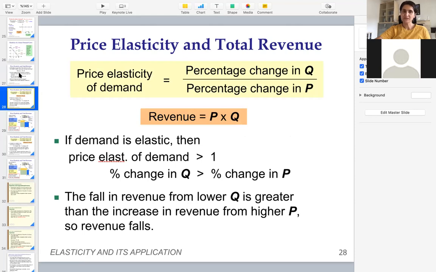The formula for price elasticity is percentage change in Q divided by percentage change in P. If demand is elastic, then price elasticity of demand is bigger than 1, so the percentage change in Q is higher than the percentage change in P. Then if you have a higher P, your Q will drop more, which is going to decrease the revenue.